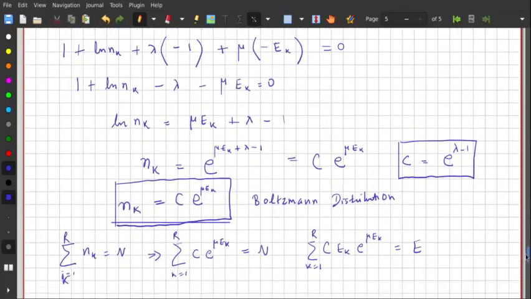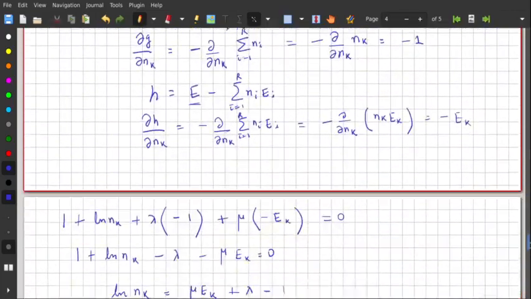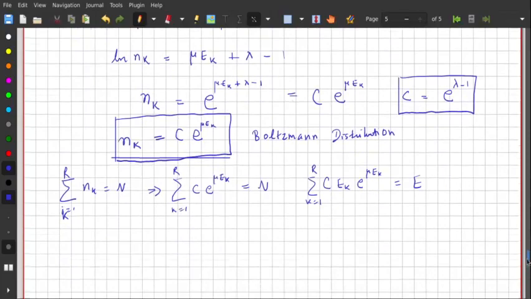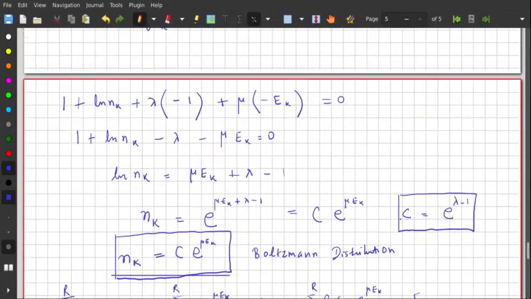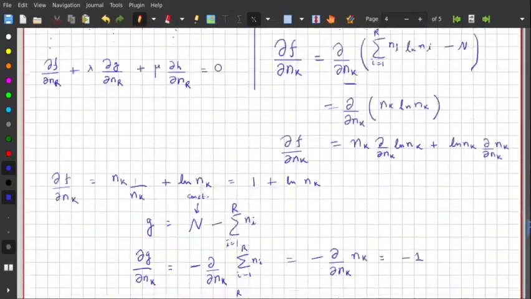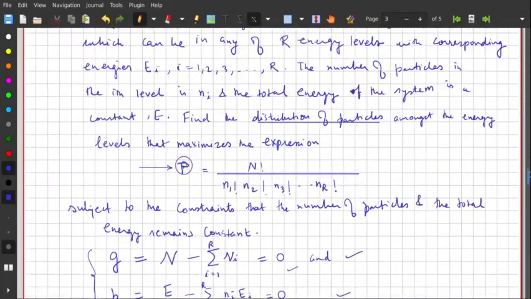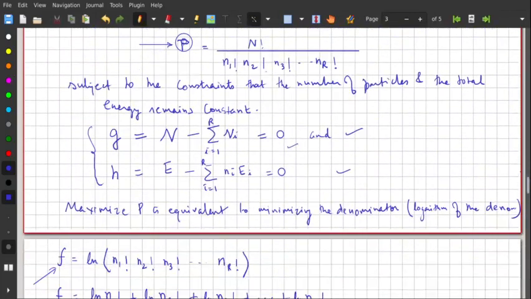The Lagrange multipliers themselves could be figured out from the constraints. So we were able to show how the Boltzmann distribution is a result of an optimization problem. This is related to finding the most probable number of ways of arranging N particles in, let's say, r energy states, and the equilibrium particle distribution is given by the Boltzmann distribution, and that's what we derived here.